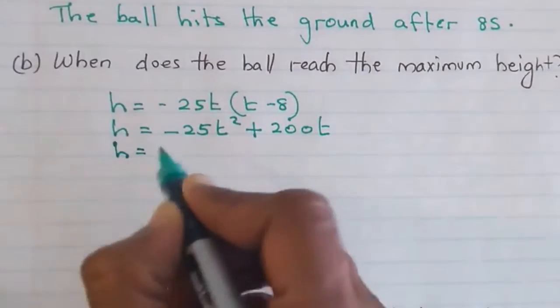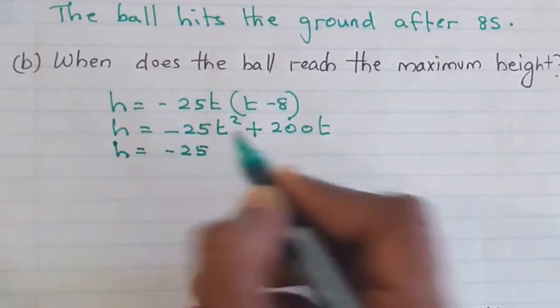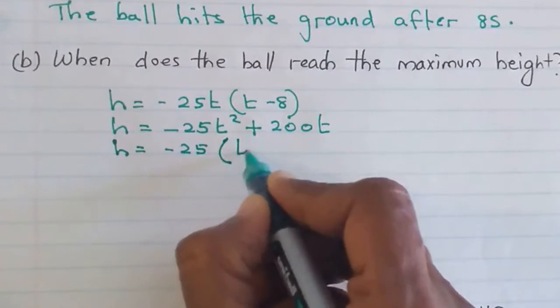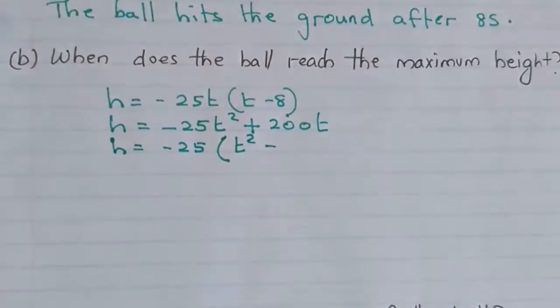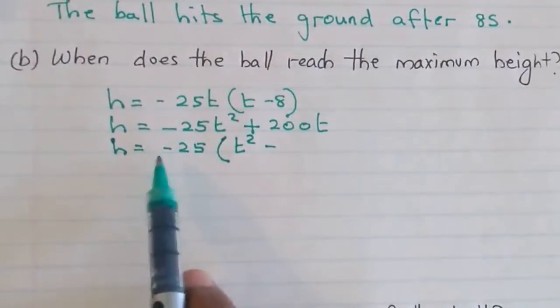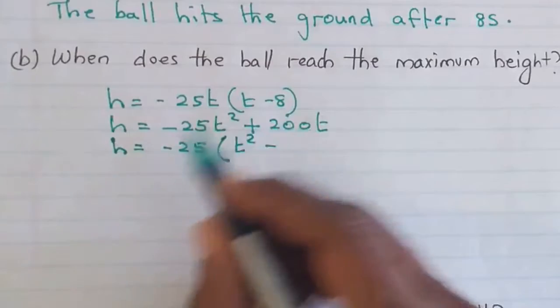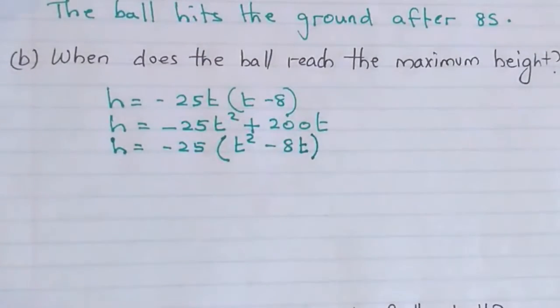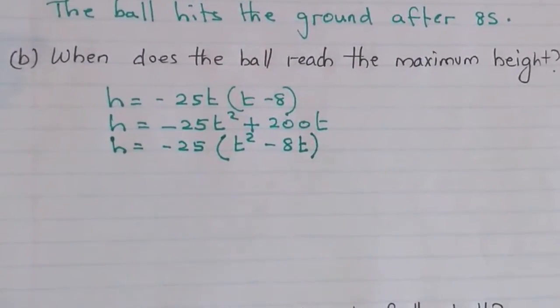So I'm going to take negative 25 out as the common factor, and let's see what's left in the bracket. It's going to be t squared minus, because I'm taking negative 25 out, 200 divided by 25 would be 8t, close bracket.